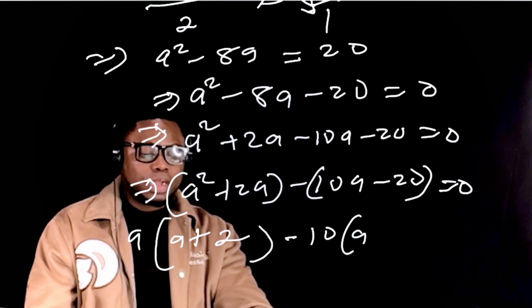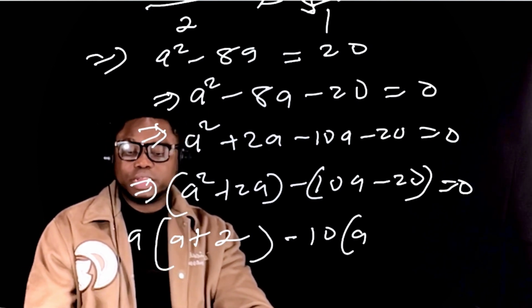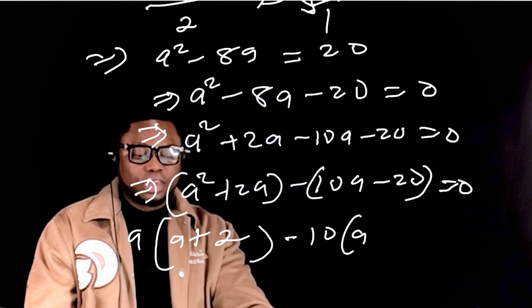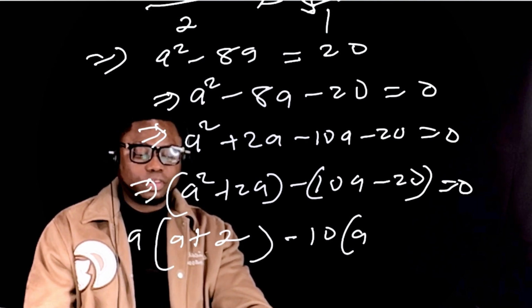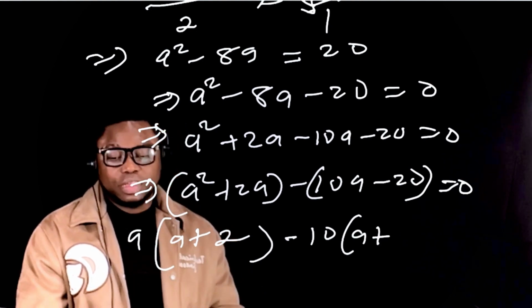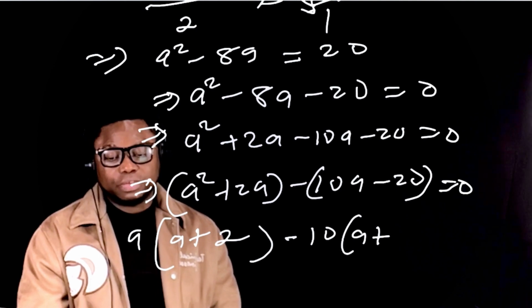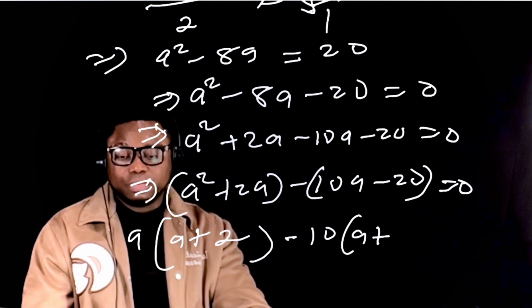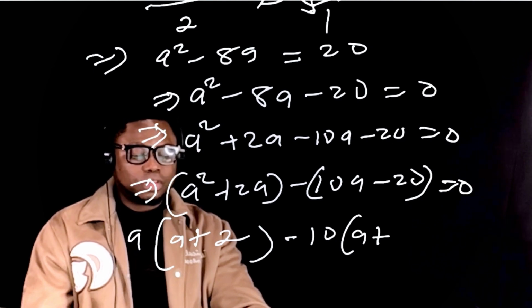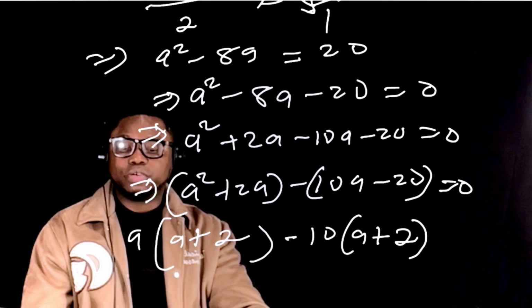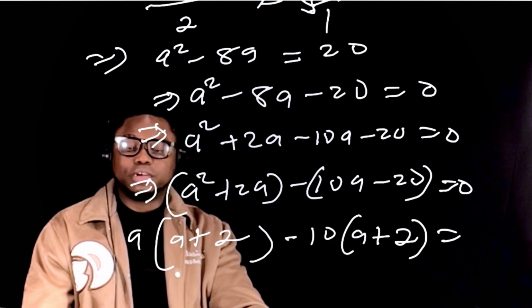Remember that there's a minus outside the bracket and a minus in the bracket, and minus times minus is plus, so I put plus in the bracket. If I clear the bracket again with minus 10, I get back my minus in the original bracket, because minus times plus is minus. And 20 divided by 10 gives me 2, so I write 2 here, equal to 0.